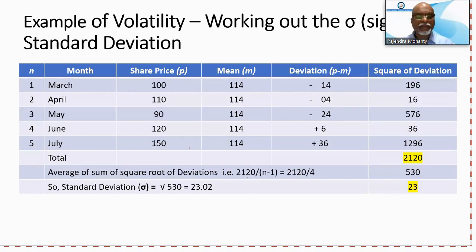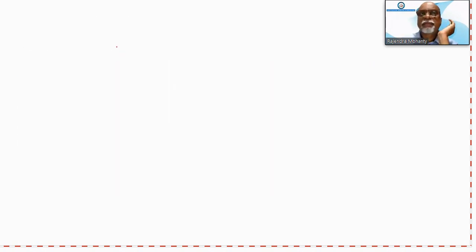Now sometimes questions are asked on how to convert a daily volatility. If you know the daily volatility, how can you convert it to weekly volatility or monthly volatility or annual volatility or any number of days volatility?